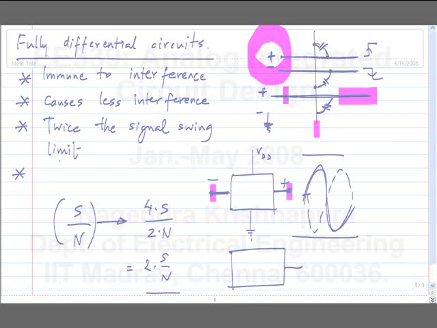The interference also includes power supply fluctuations, and differential circuits have better immunity to this. This is again because a fluctuation in the power supply tends to be common to both halves of the differential circuit because both are operating from the same supply.